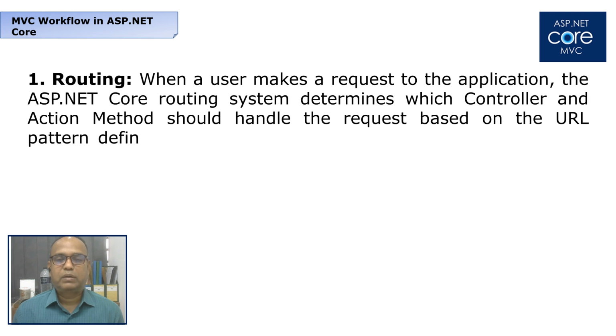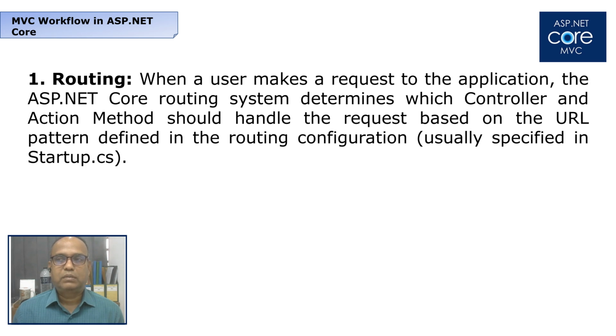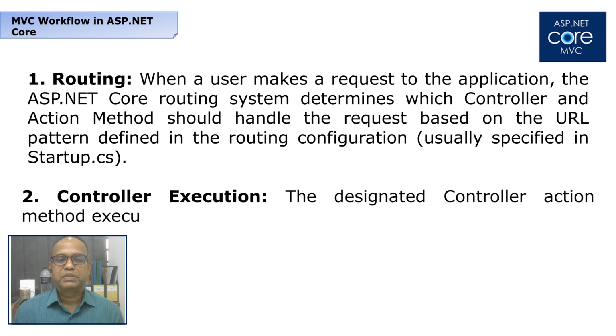Number 1. Routing. When a user makes a request to the application, the ASP.NET Core routing system determines which controller and action method should handle the request based on the URL pattern defined in the routing configuration, usually specified in startup.cs.